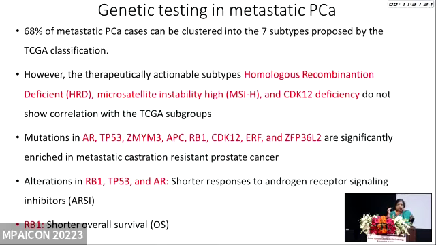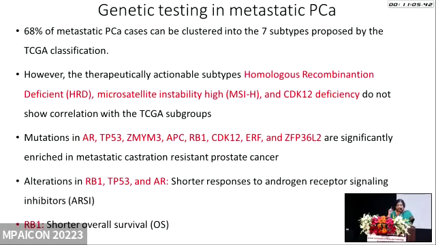I have already stated earlier when I showed you that cartoon that there is homologous recombination deficiency, microsatellite instability, and CDK12 deficiency, that is cyclin-dependent kinase 12 deficiency. These are the therapeutically actionable subtypes in addition to the 7 molecular subtypes in metastatic prostate cancer.